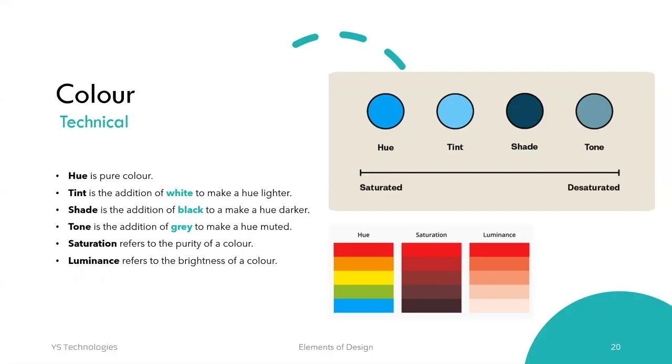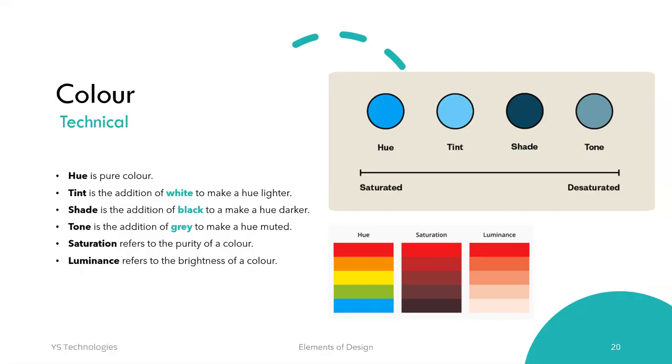If you add black to a color, then you're creating darker versions of that color. It's known as a shade. You're creating shades of that color. Then finally, if you make the color muted or less pronounced by adding gray to it, or in other words, adding both white and black to it, then you're creating different tones of the color.